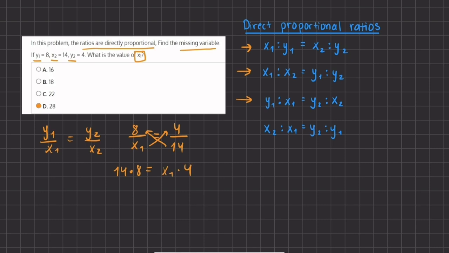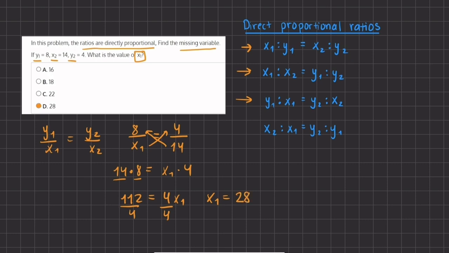Now when we simplify, 14 times 8 gives us 112 equals x1 times 4, which gives us 4x1. Now in order to isolate x1 to find its value, we want to divide 4 on both sides, and now we have x1 equals 112 divided by 4, which gives us 28, just like we got in the rest of our answers.